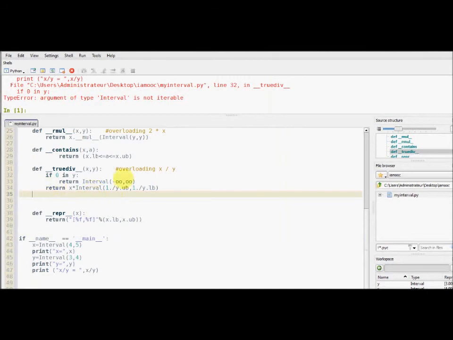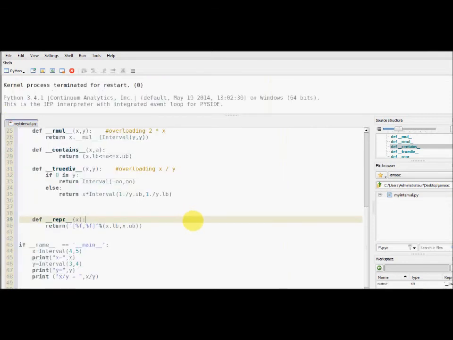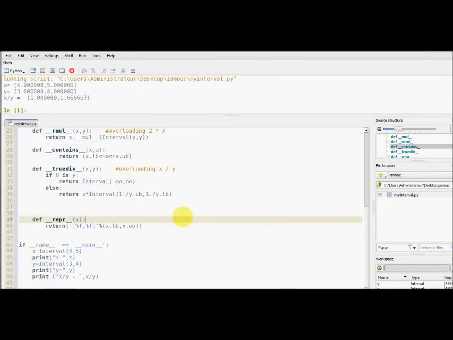Okay, so one error is here, else. And also, yeah, okay, here also, so that you can understand this. So when I call in here, it will call contains here. Okay, so for the division, it's okay.